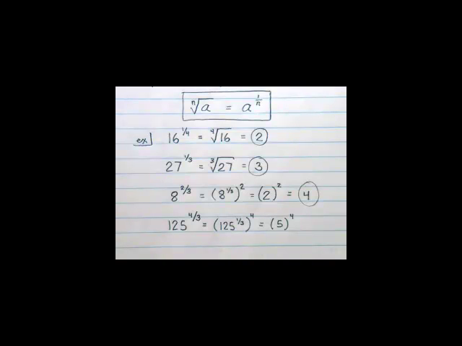So 5 to the 4th power, you can probably do this in your head still. Let's try it. You've got to multiply 5 4 times. 5 times 5? It's 25. 25 times 5? 125. 125 times 5? 625. Okay.